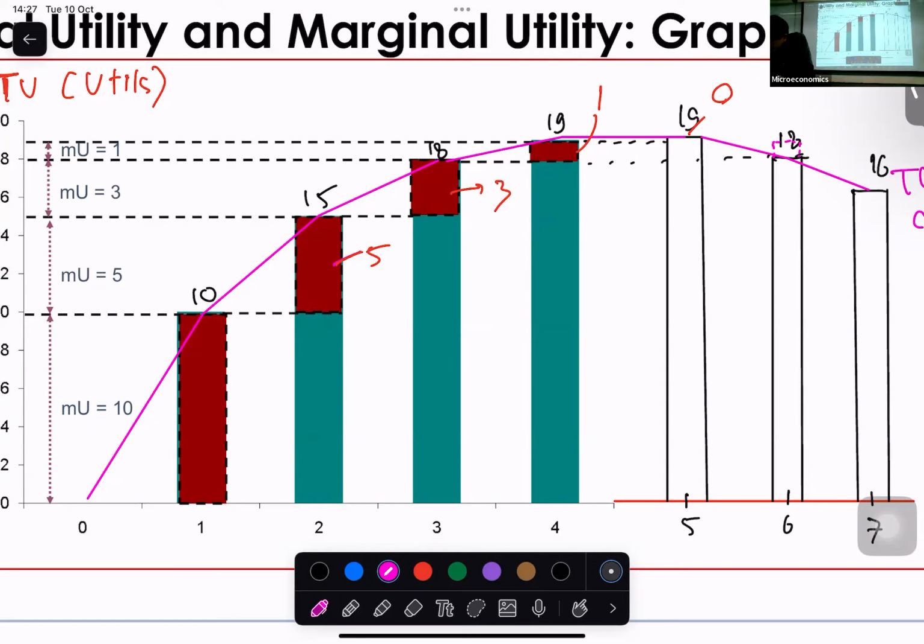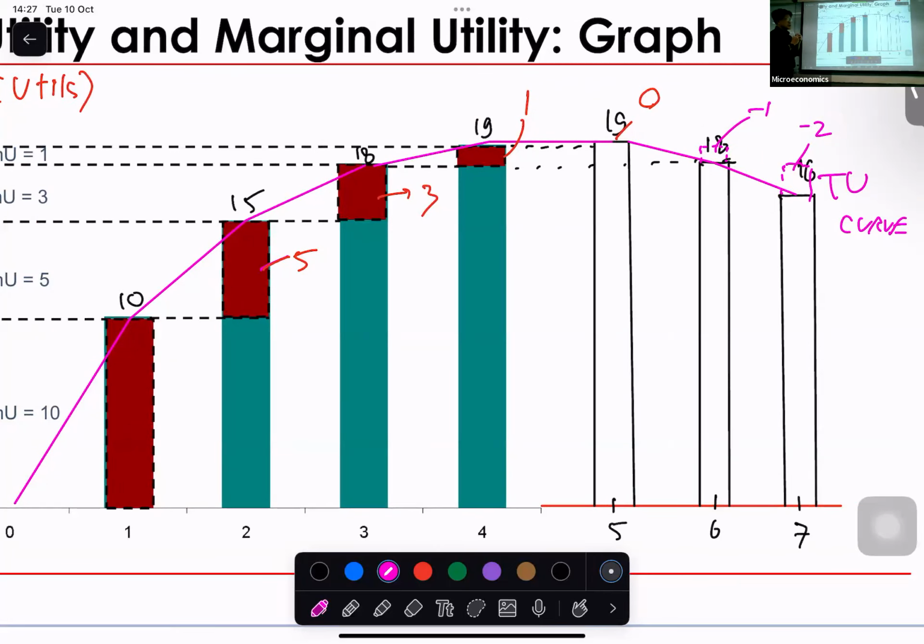That means this bottle number 6 is counterproductive, generating negative MU. MU can be negative. Bottle number 7 is even more, negative 2. It makes the TU tower become shorter by 2 units.